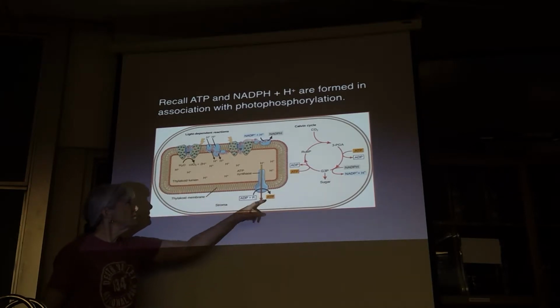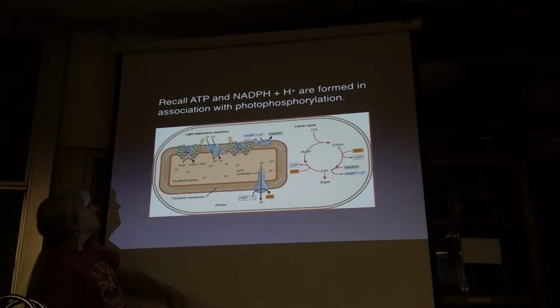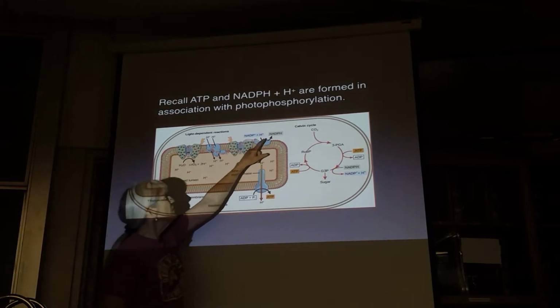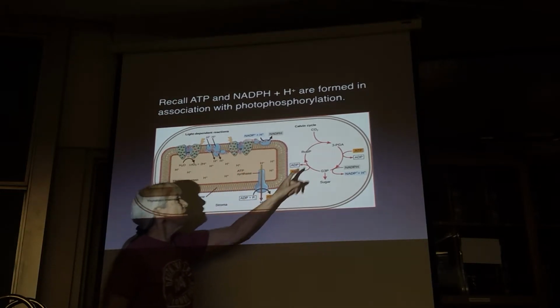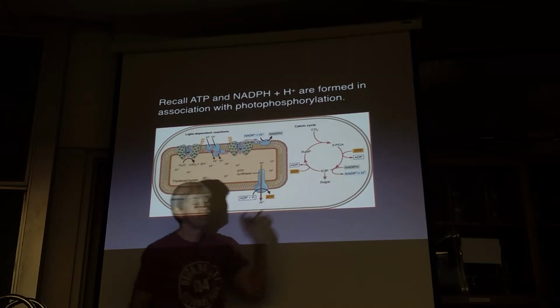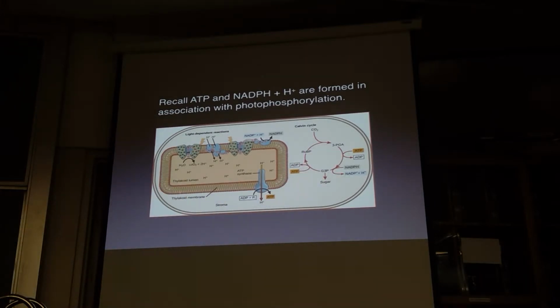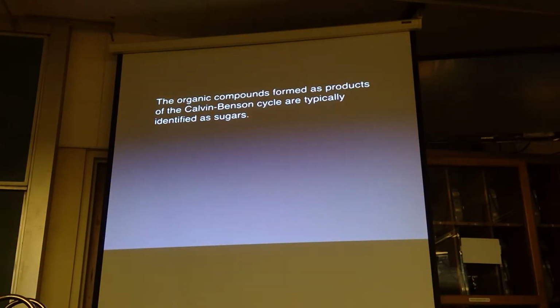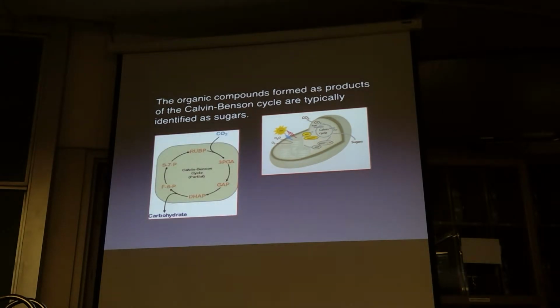So the high energy compounds are produced here, and someplace else, up here, these high energy compounds are used to drive this pathway. As I said, the products are typically identified as sugars. They're initially 3-carbon compounds. They get put together to form glucose or fructose, and that's fine.